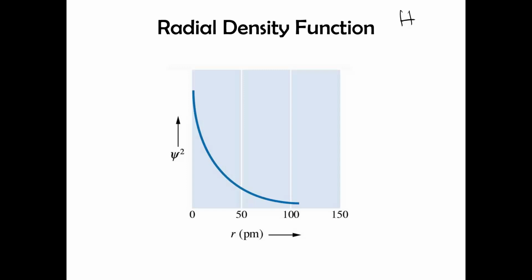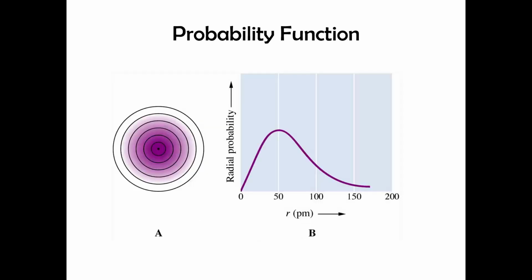The further away you get from the nucleus, like if you get 100 picometers away, you have very little chance of finding it. It's more probable to find it somewhere here. But even that doesn't do us any good. The really useful one is the probability function, as I said. And so now we can look at the distribution function.